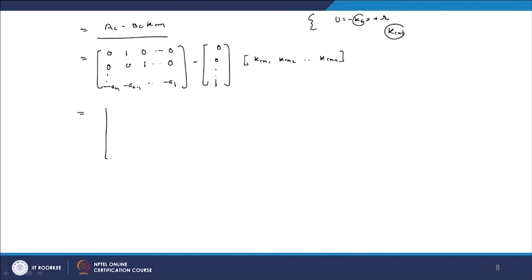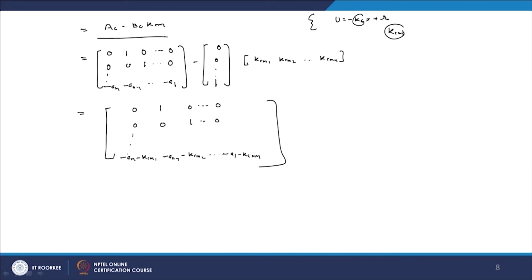After solving, you will get the matrix with rows 0 1 0 0, 0 0 1 0, and the last row as minus an minus KCM1, minus a of n minus 1 minus KCM2, and so on, up to minus a1 minus KCMn.